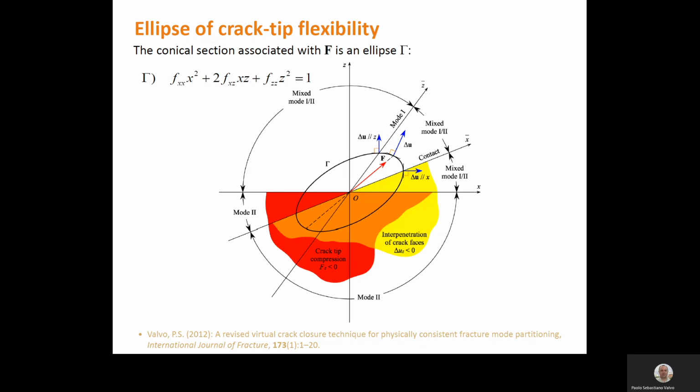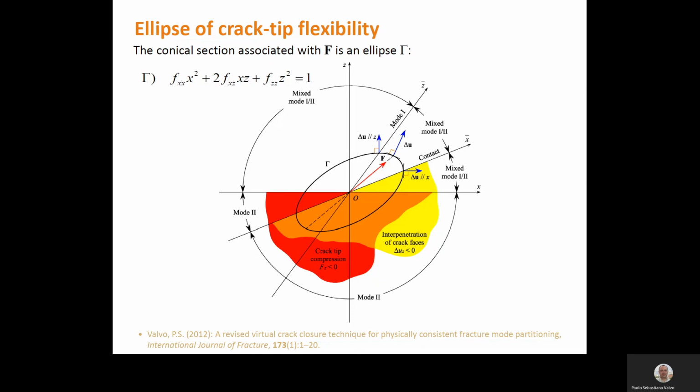So the x bar axis corresponds to crack tip forces F, which give rise to a null relative displacement in the z direction, which means that there is a contact between the cracked faces.